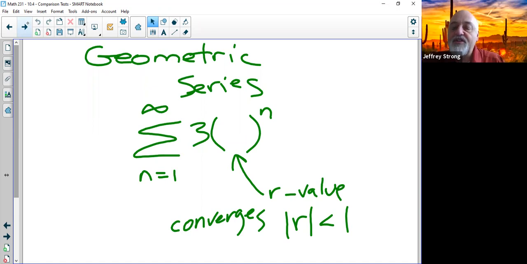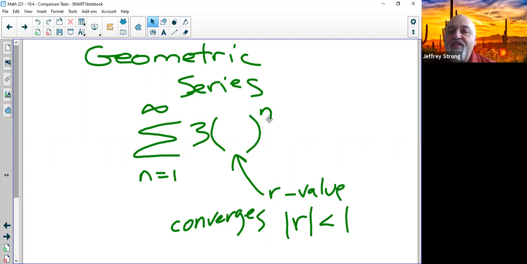Geometric series is also good to compare to, because we know that for a geometric series, if the absolute value of r is less than 1, then the geometric series converges. So like here, where the 3 is, that's like your a sub 1. And then you have your exponent, here's your n.